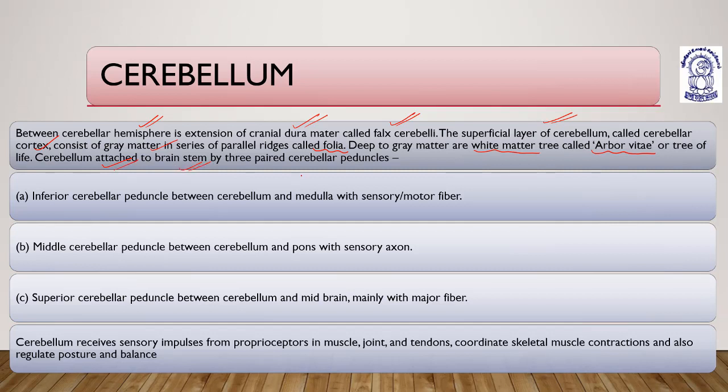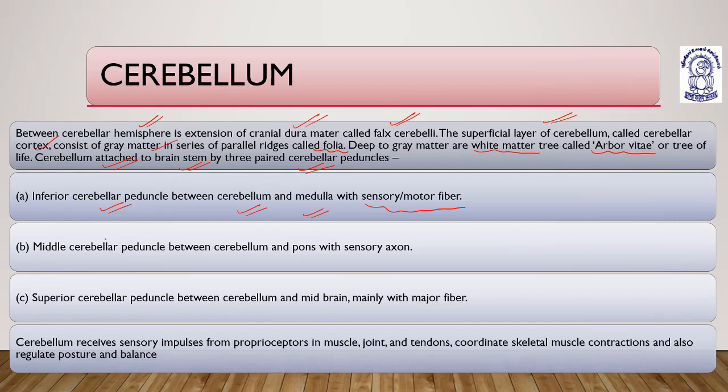Cerebellum is attached to the brainstem by three paired cerebellar peduncles. The inferior cerebellar peduncle lies between cerebellum and medulla, with sensory and motor fibers.